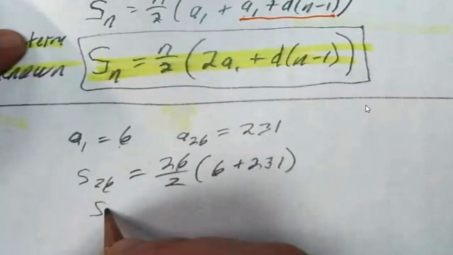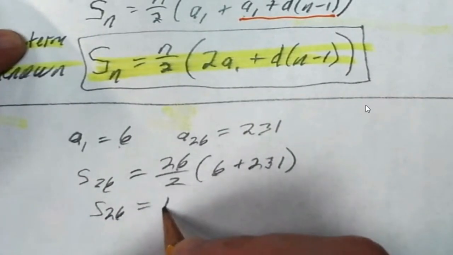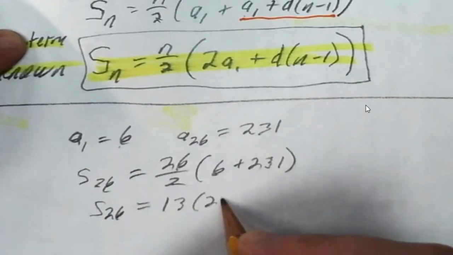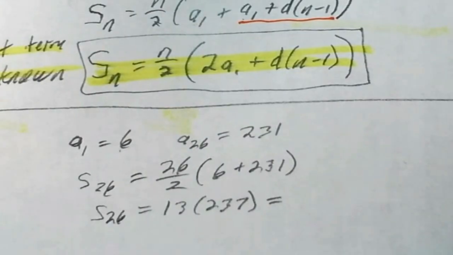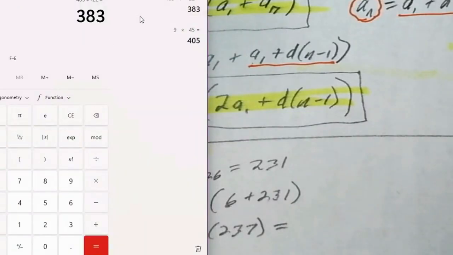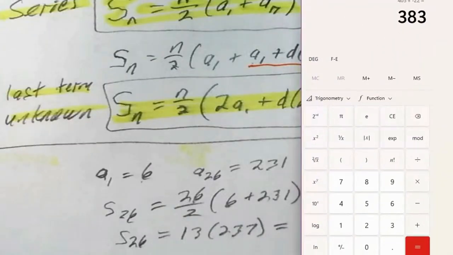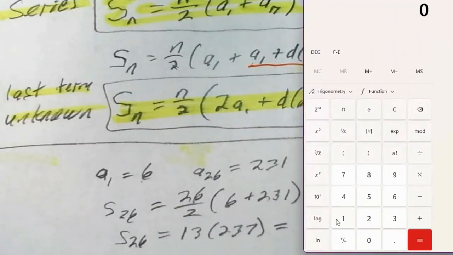So the 26-term series adds up to be 13 times 237, which again, we're going to let our calculator do all the heavy lifting for us here. 13 times 237.